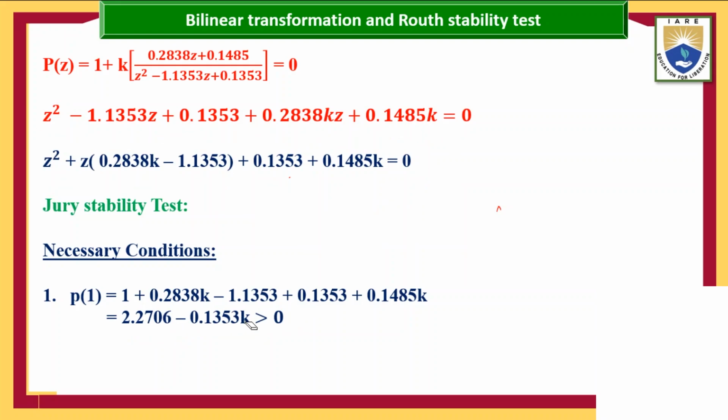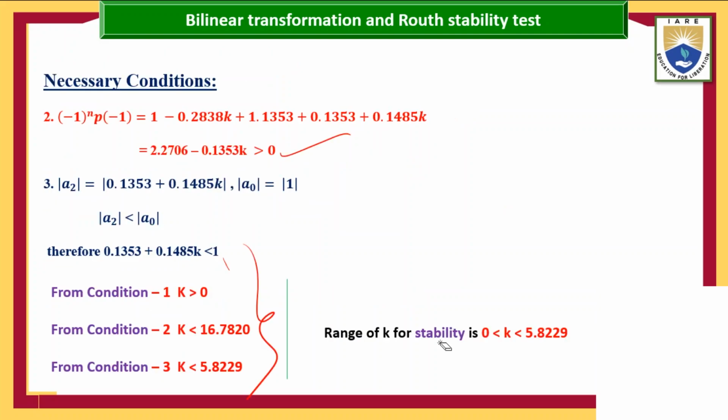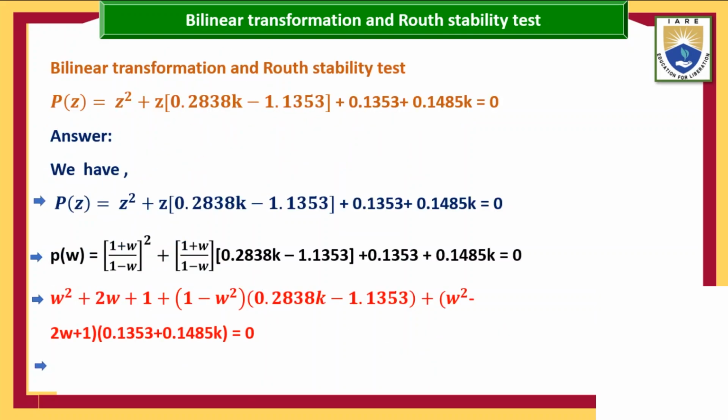Take that characteristic equation and, by using bilinear transformation, apply the RH criteria. First of all, we have to take the value where z is there and substitute z as 1 plus omega by 1 minus omega.